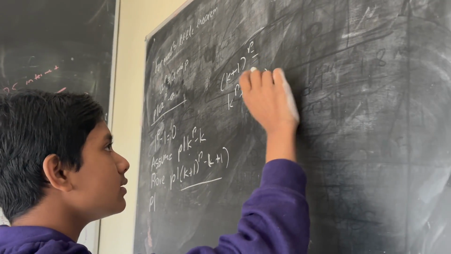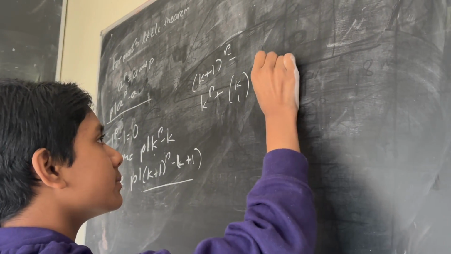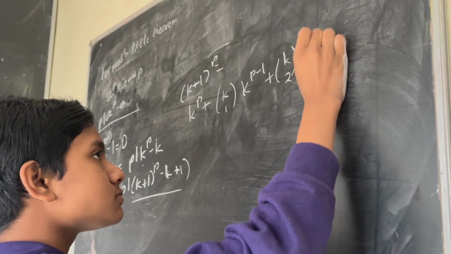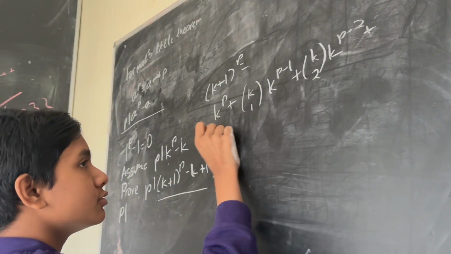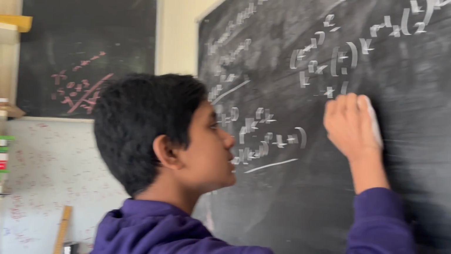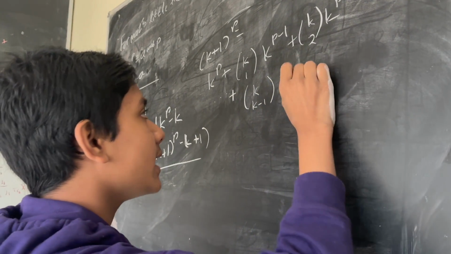k choose 1, which is just k, but we won't expand that. k to the p minus 1, plus k choose 2, k to the p minus 2, plus dot dot dot, plus k to the k minus 1, which is once again k times k plus 1.